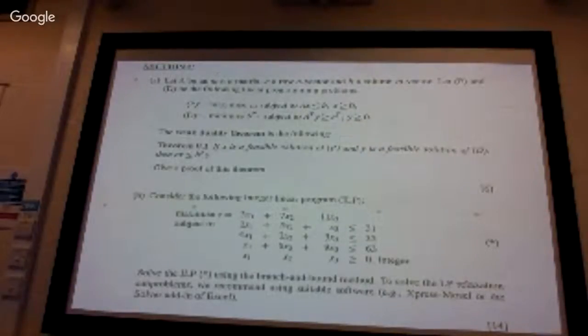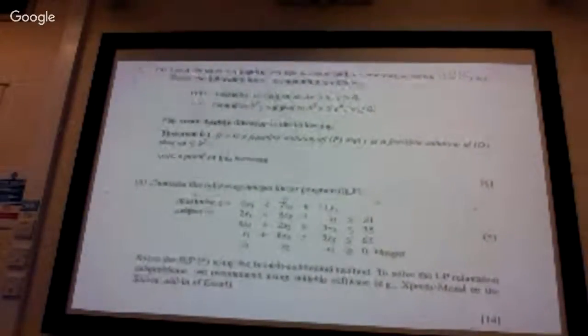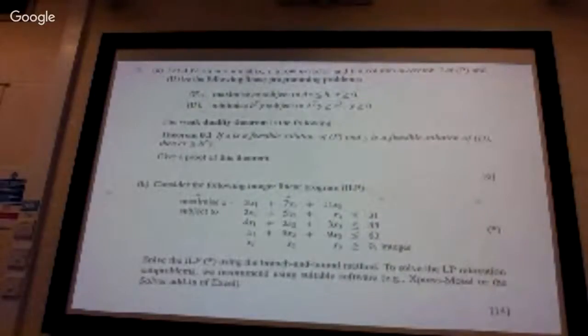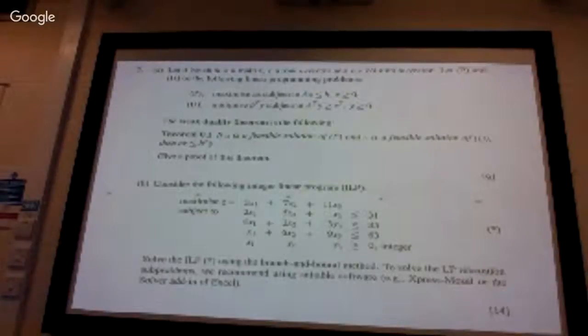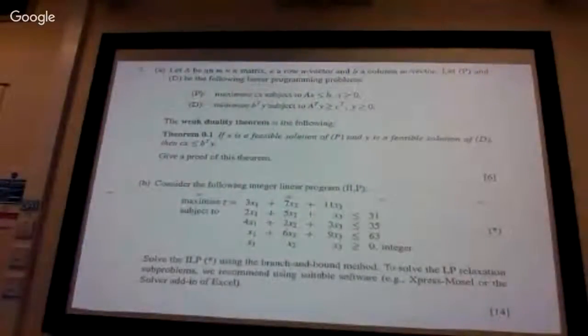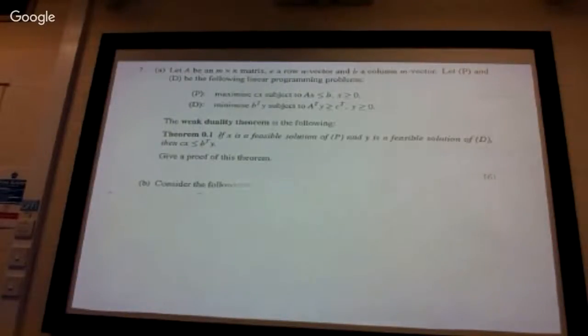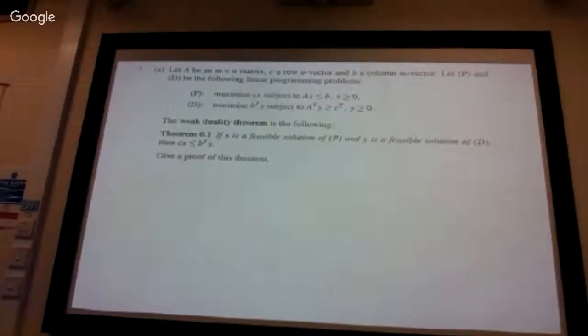Okay, so one thing you want to be able to do is solve integer programs by branch and bound. Even if you can't do the top bit, it gives you 14, which is 70%. And then you can have a go at part A, which is actually not very hard.